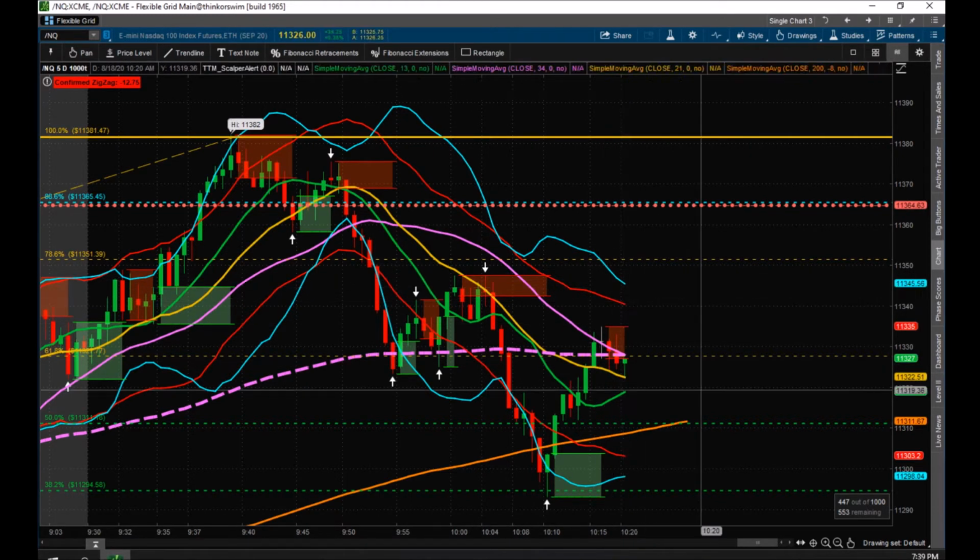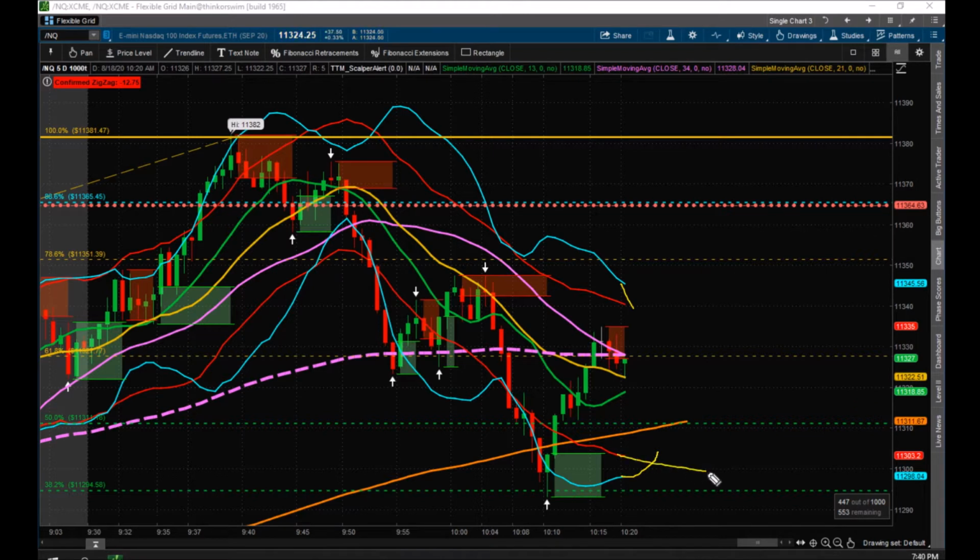See how they're coming together here? Eventually they're going to do something like that, and what John Carter calls a squeeze could come up.